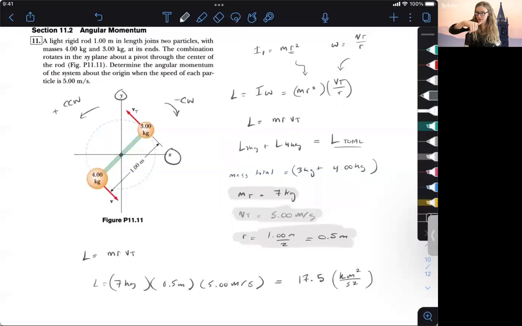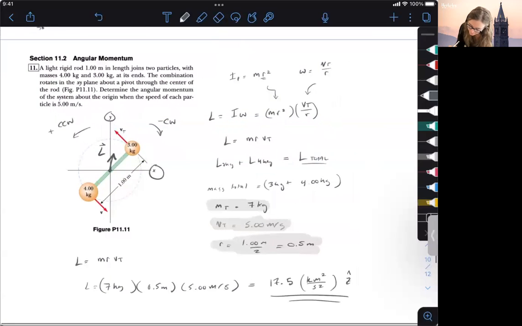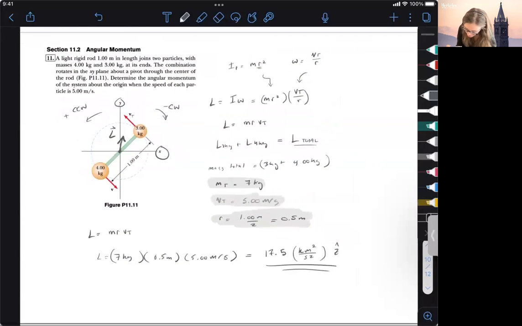Think about our hands wrapping around: put your fingers curling along the rotation, and we see that our thumb would be pointing up, up and out of the page. So this would be in the positive z hat direction. Our final answer would be in the positive z hat for this angular momentum, so the L vector would be pointing straight up. Okay, so we're going to go ahead and use this in some of our other problems.